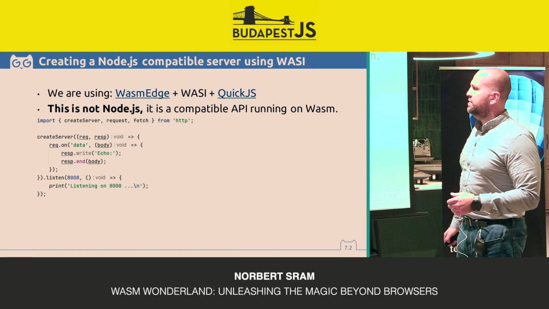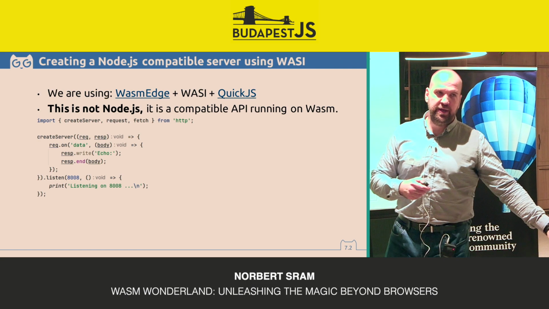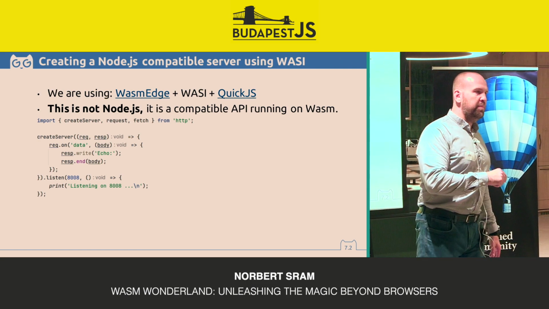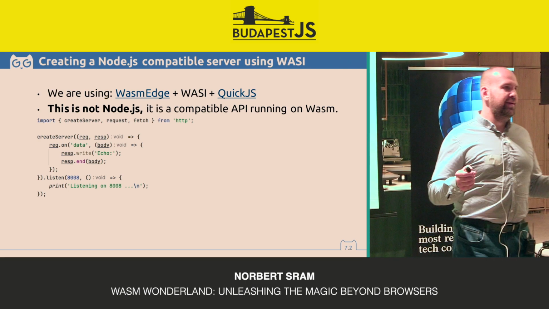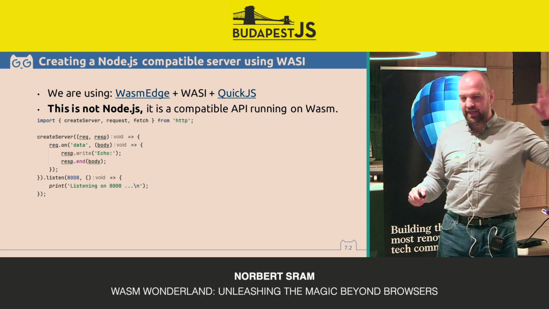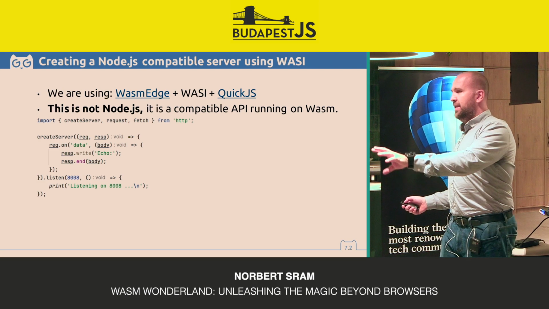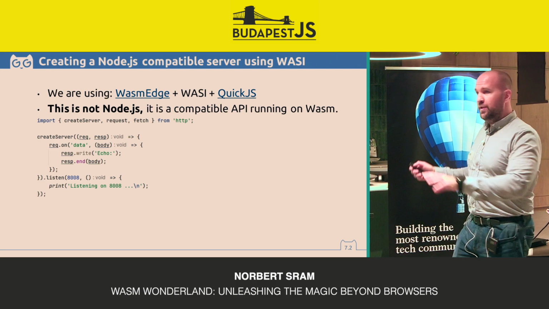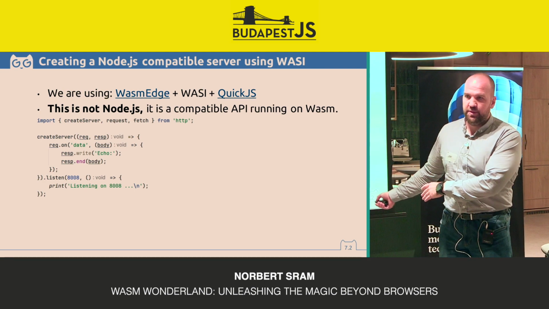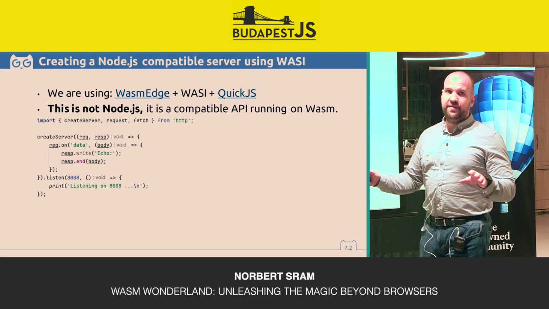So I just tried to throw away Node.js, because who needs Node.js, and build a complete Wasm-based Node-like server. So here what we are doing is we are taking a Wasm runtime called Wasm Edge. We are taking WASI as an API and Quick.js as a JavaScript runtime implementation. It's all running on Wasm.